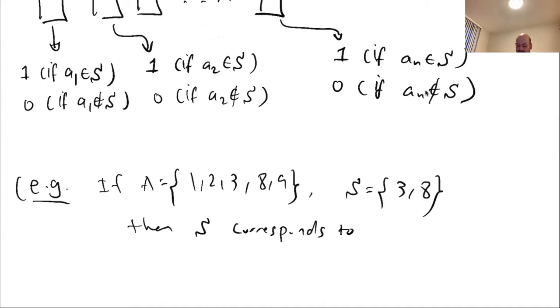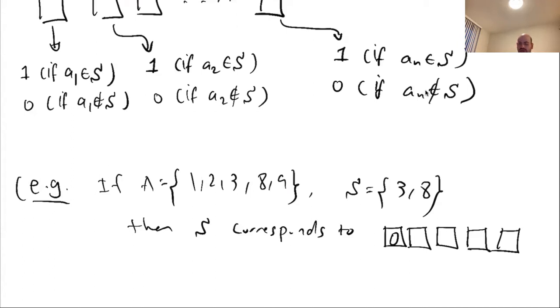A has 5 elements, so I have to draw 5 squares. And each of these 5 squares is going to be filled with either 0 or 1. How do I decide? For the first square, I have to look. The first element of A is 1. Is 1 in S? No, so I have to fill it with 0. What about the second square? Second element of A is 2.